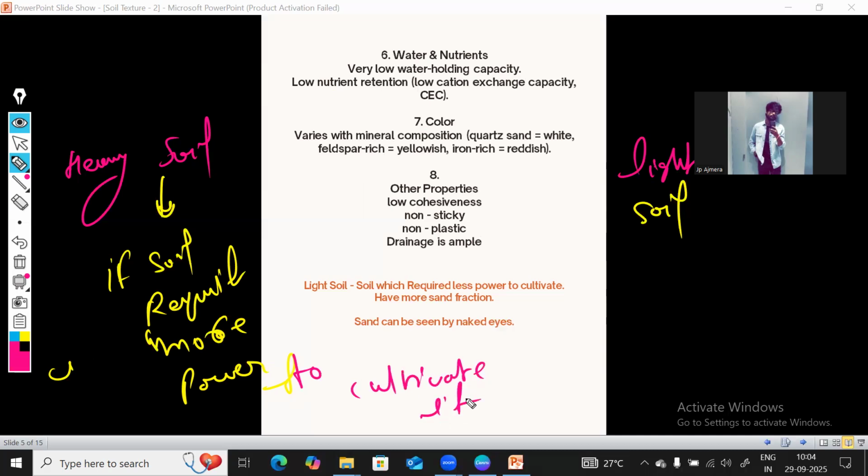Just the opposite, light soil requires less power to cultivate.